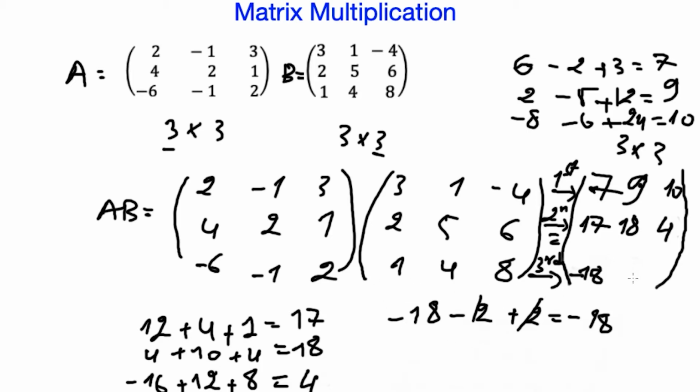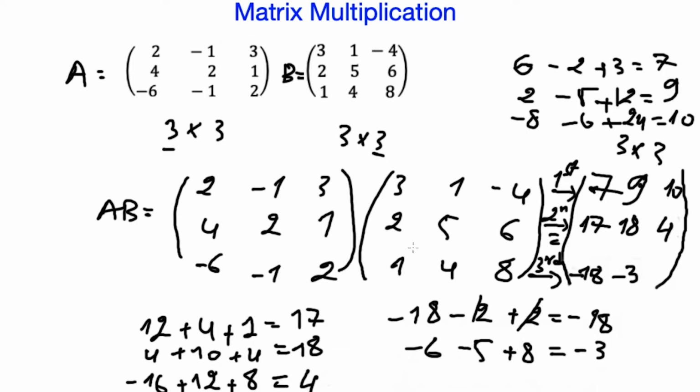And at this position here, we have this row times this column, so it is minus 6, minus 5, 2 times 4 is plus 8, so this is minus 6 minus 5 is minus 11, plus 8, which is minus 3, so this is minus 3.